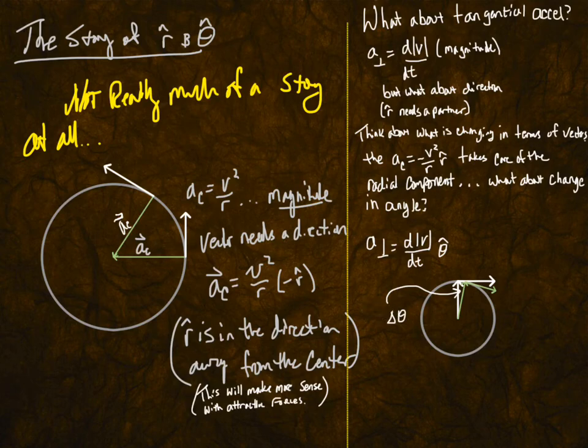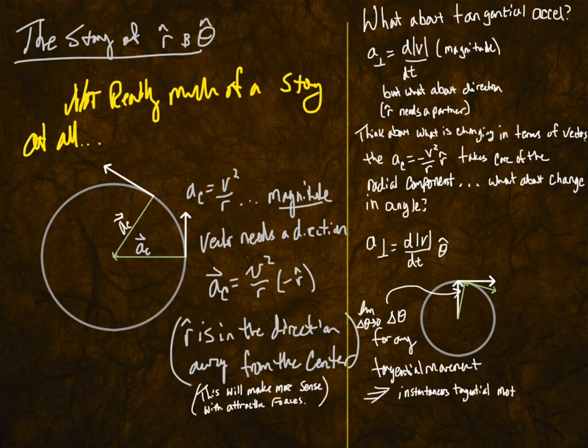And as we take the limit of this delta theta as it approaches 0, we no longer have a delta theta, but we have a d theta. So the instantaneous tangential motion creates a d theta, and it makes sense that it is in the theta hat direction. And so the unit vector for a tangent is theta hat.